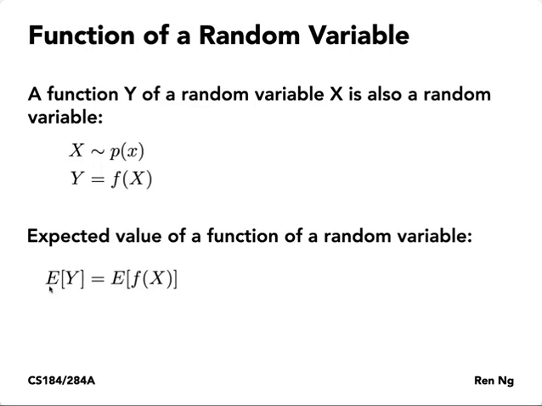That is the expected value of f of x, which is going to be equal to the integral of f of x times p of x dx, straight from the definition of the expected value of a random variable. We just substitute that f of x inside this integral.